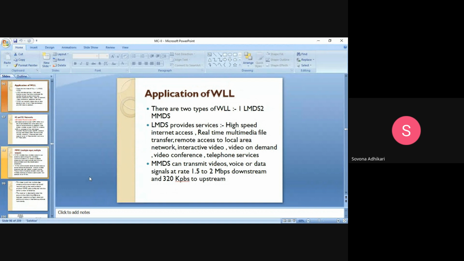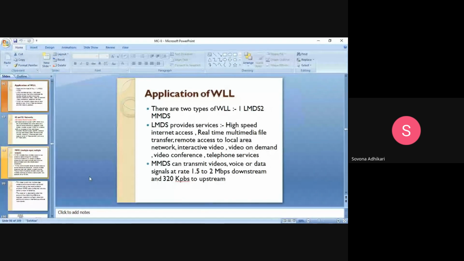It has two types according to its speed. One is LMDS: high speed internet access, real time multimedia file transfer, remote access to local area network, interactive video, video on demand, video conference, telephone services.